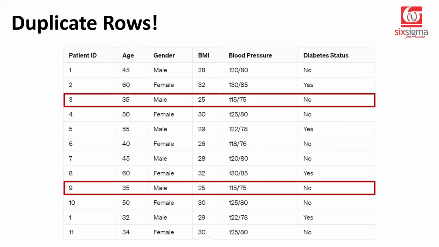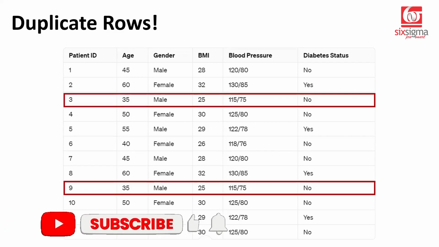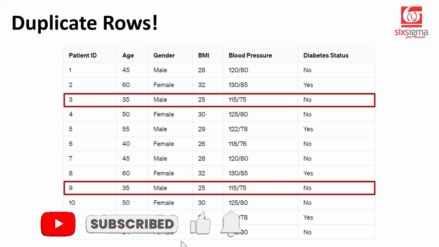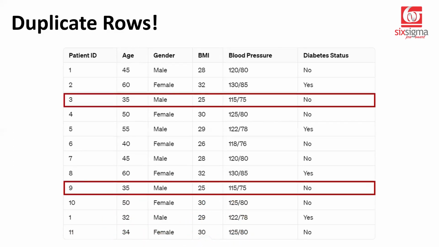If you have more cases of a certain age group, a certain gender, a certain BMI group where people are found to be diabetic or otherwise, don't you think your model needs more practice on that data during training? So when you're not able to establish whether these records are copy-paste errors, which means the data got entered twice just because of some ignorance, you are not supposed to remove the duplicate row. And in this case, when you have a patient ID available, of course you're not supposed to remove the duplicates.